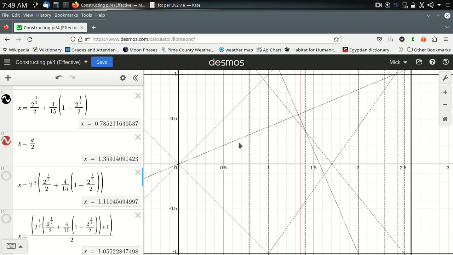Alright, so what we're going to do first, we're going to note that we already have our fundamental circle constant times square root of 2. It's this distance right here. So we're just going to fold this down to our line here and mark it off. And we already have the crease that'll bring it down. It's this crease right here.